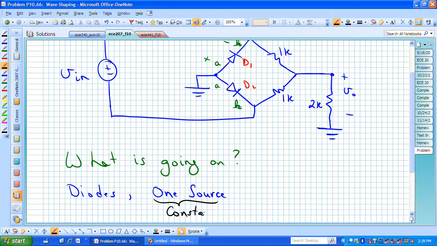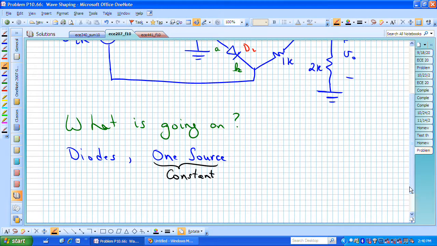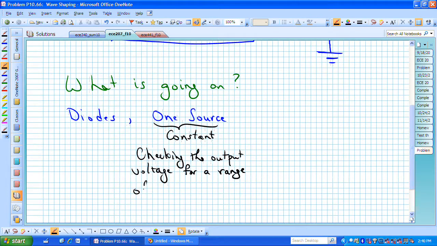What may be confusing is that we're allowing that constant to vary between -5 and +5, but we're really checking what the output voltage is for a range of input voltage values.